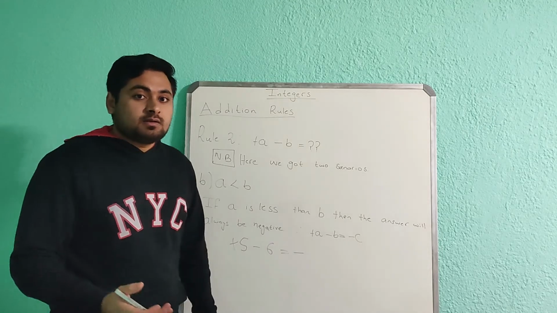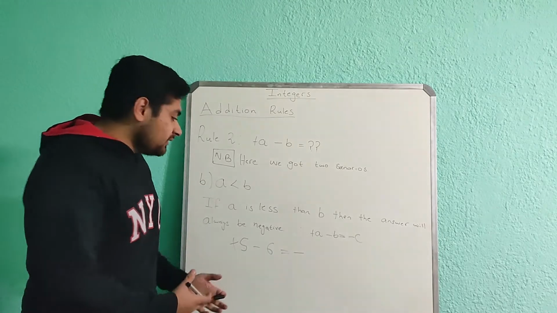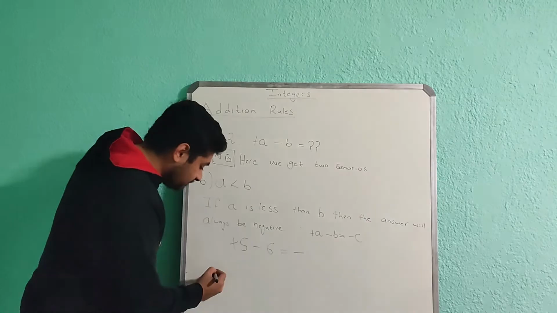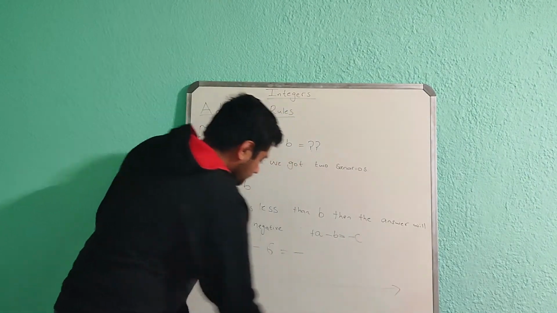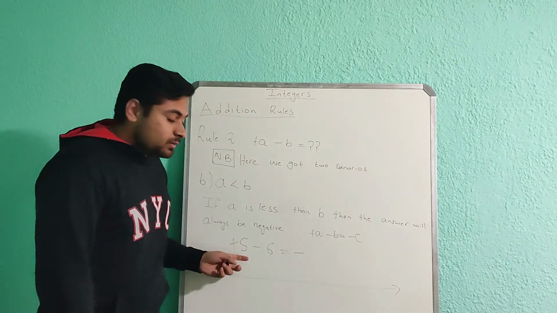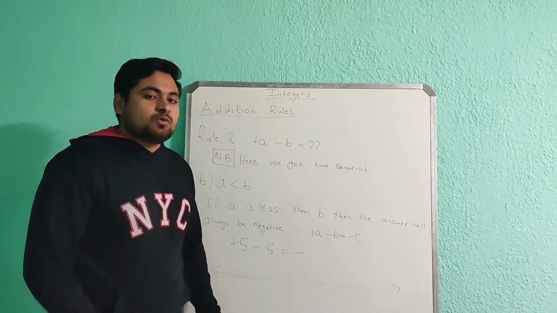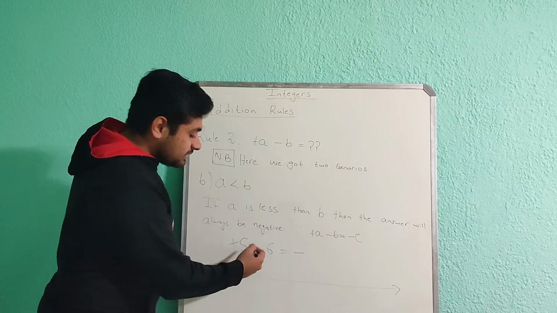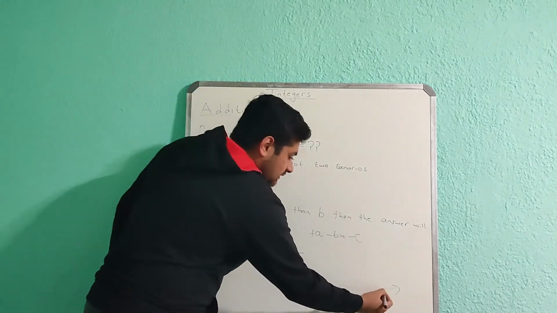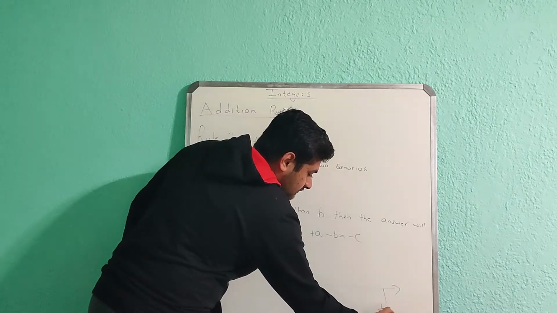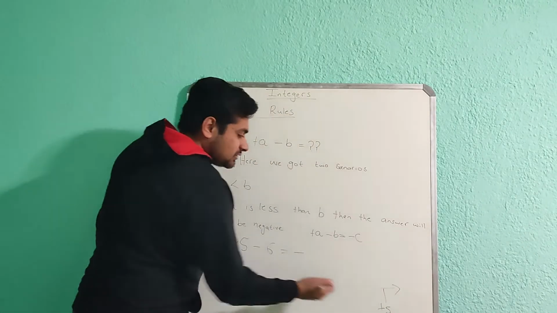Now, as I said, you go and ask for help from your friend. Who's your friend? The number line. So let's draw a number line. We are on positive 5. We need to go 6 units to where? We look at the sign. We are going to the left because it is negative. So let's write positive 5 and we're going 6 units to the left.